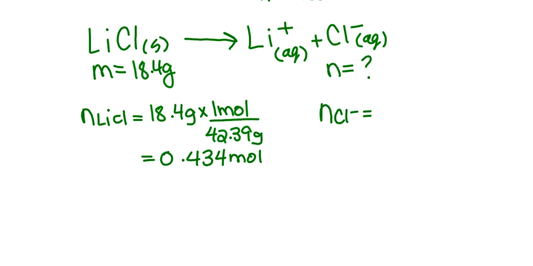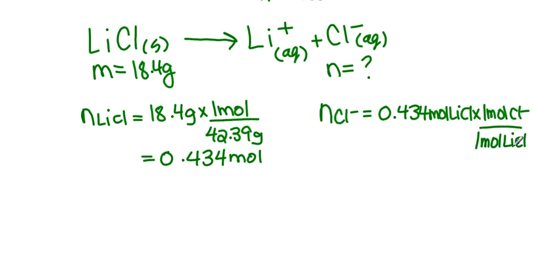So we take our moles of lithium chloride and multiply it by the mole ratio. But this is a nice mole ratio because it's 1-to-1. 1 mole of lithium chloride and 1 mole of chloride ions. So essentially we have the same number of moles, but we've done the proper accounting work with our units. So this is the moles of chloride ions.